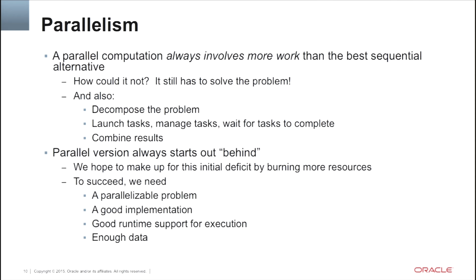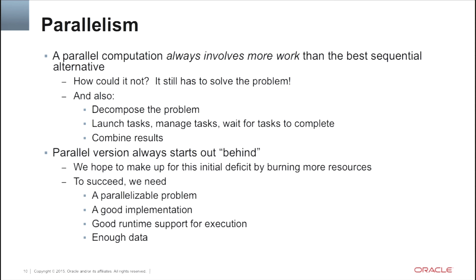So in order to win, we need a bunch of things. We need a problem that has latent parallelism in the first place. Some problems just don't parallelize, and at this point you're done, right? You need a good implementation that actually extracts the parallelism. You need efficient runtime support for parallelism. That's our job. And most importantly, you need enough data, right?